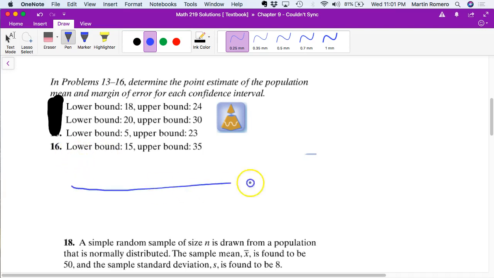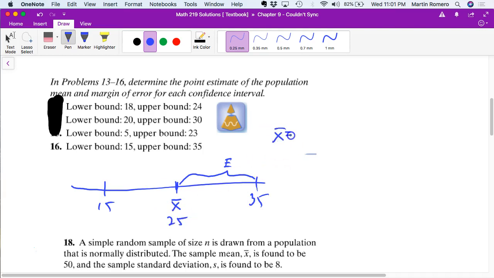In this case, if someone tells you the confidence interval is between 15 and 35, this is the point estimate here, and then your margin of error is going to be that distance here and here. So what's right in the middle of 15 and 35? That's 20. So that would be 25.